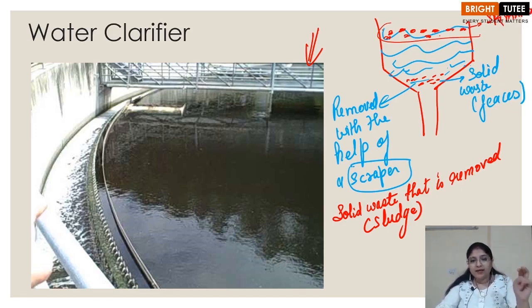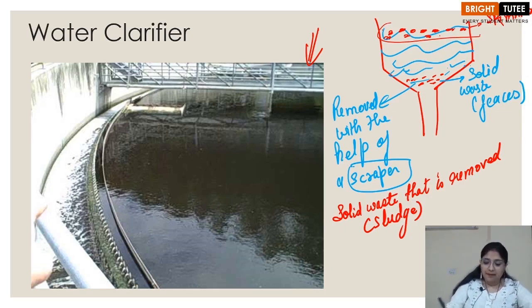To understand this, suppose you have kept a hot glass of milk outside for some time, and you will see a formation of cream over it. You take a spoon and remove that cream from the milk. That is known as skimming. So basically, the skimmer removes this floating waste material from the water.